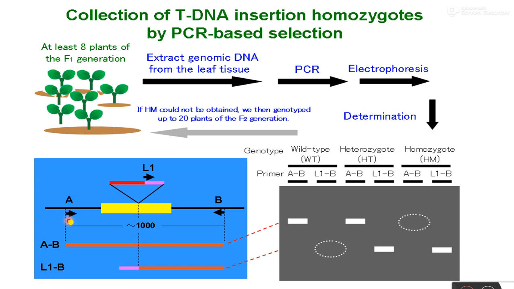But by using the primers A and B, we are not getting any amplified product here. So that's why we can say that if we are getting this kind of banding pattern from the genomic DNA extracted from any plants by using this pair of primers, then these plants are homozygous mutant lines.